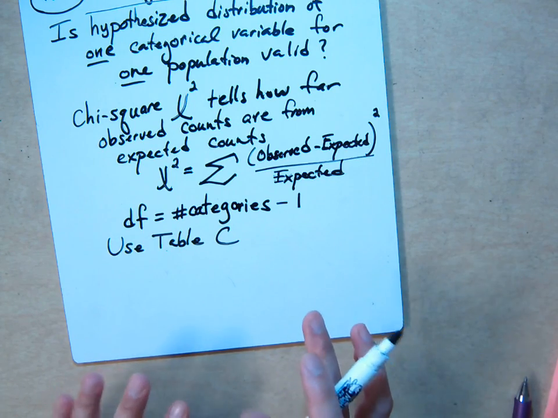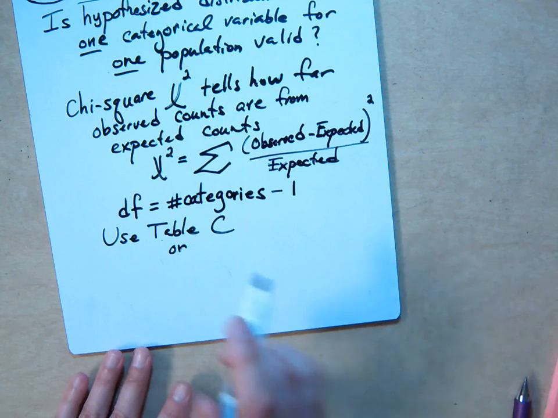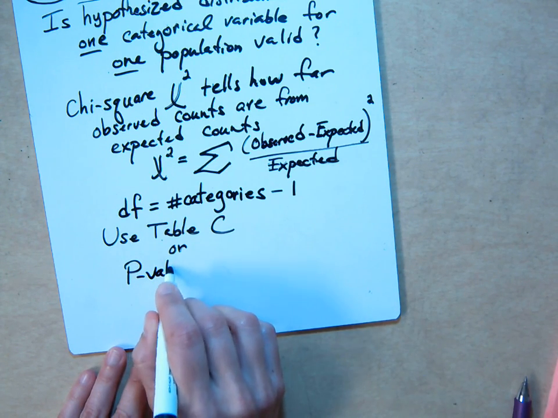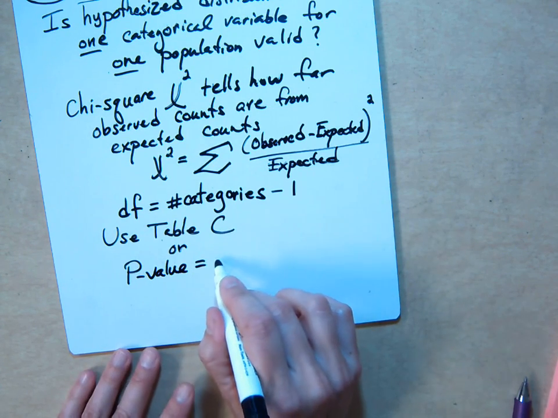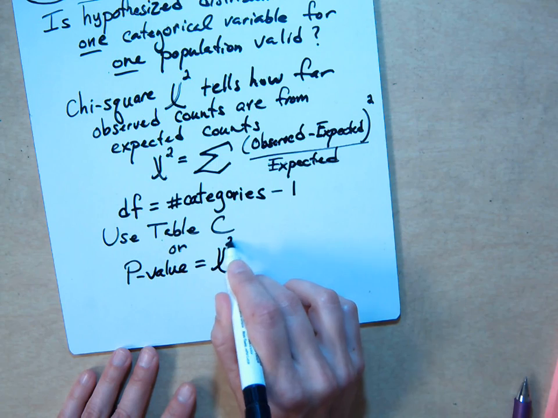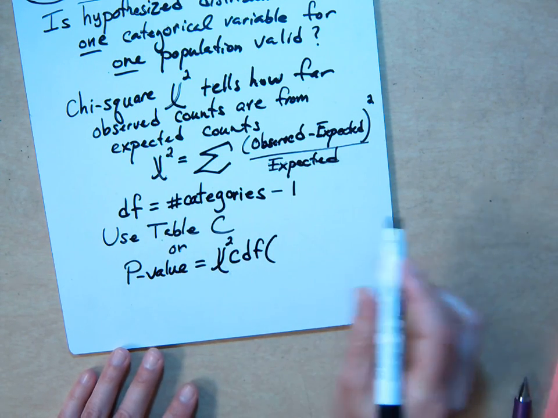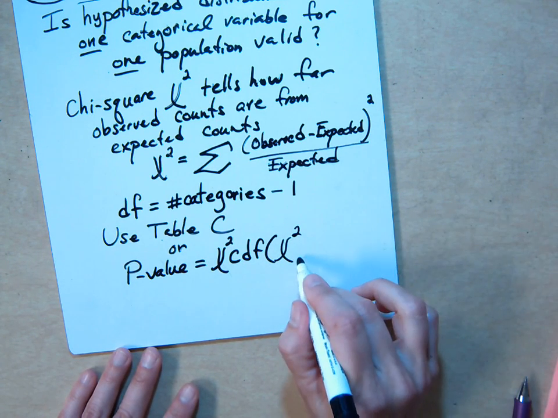So you could use table C, or what you would do on your calculator, which I would recommend more, to find the p-value, you would use chi-squared CDF. You're going to see this pattern and you'll get used to it. You'd give it your chi-squared test statistic that you computed.